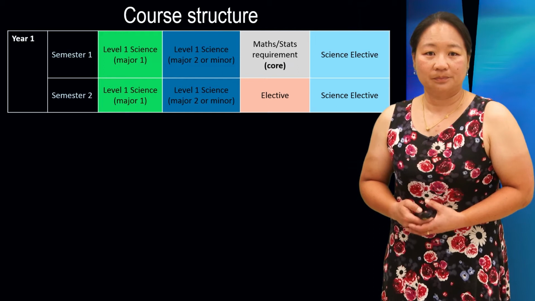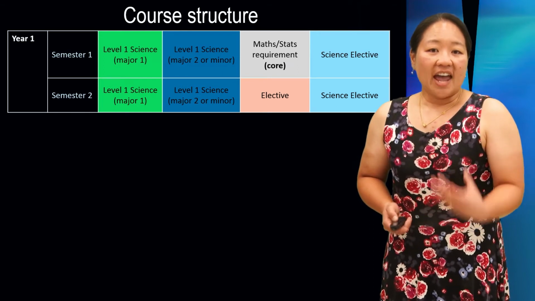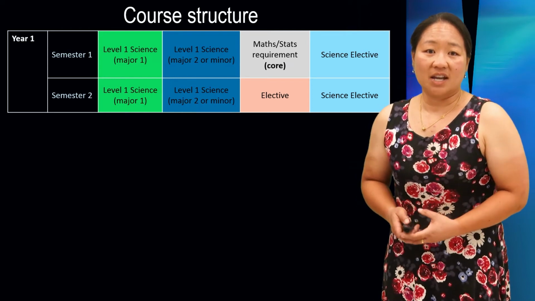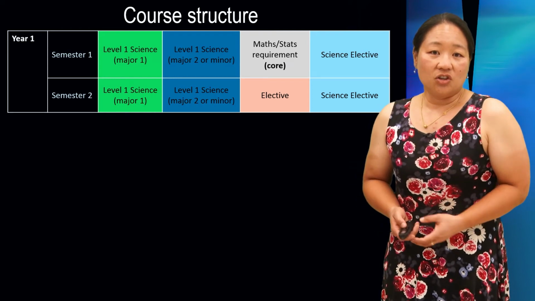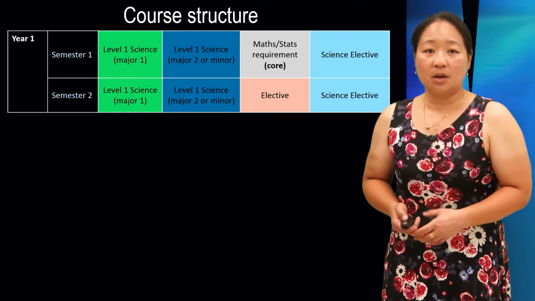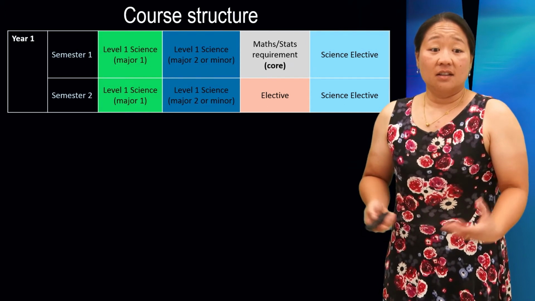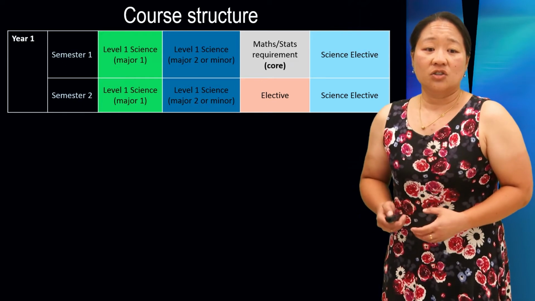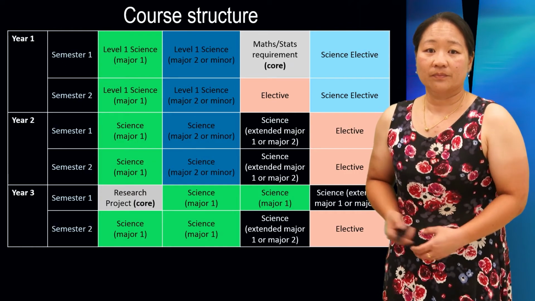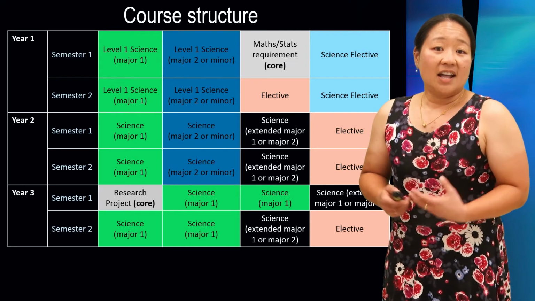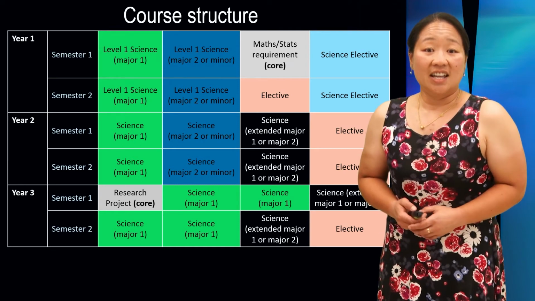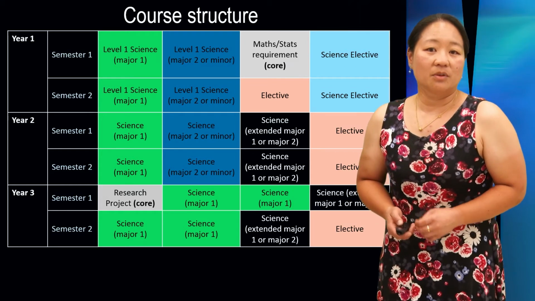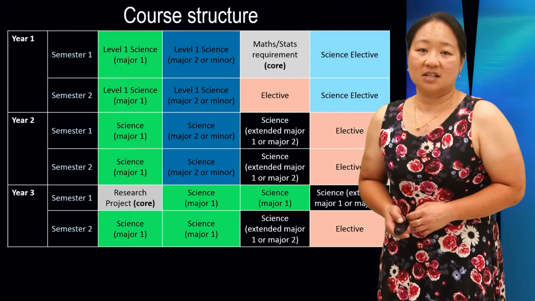In terms of how this course is structured, the course is offered only on a full-time basis. You need to choose 8 units per year or 4 units per semester. The Level 1 units are your foundation units, and these then lead on to Levels 2 and 3. You may be allowed to complete Level 2 units in your first year, but as I mentioned earlier, you need to complete that minimum of 5 Level 1 science units.